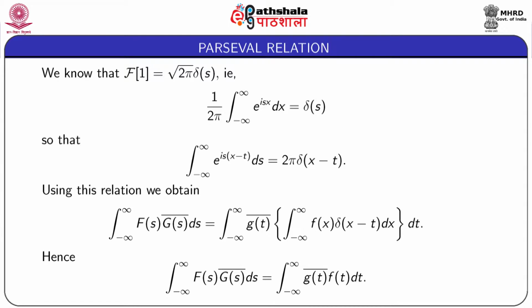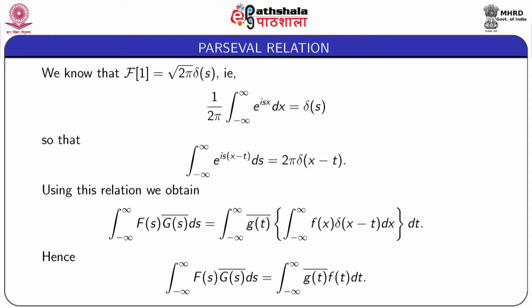So, instead of x, if we write x minus t, then we get integral minus infinity to plus infinity e to the power i s (x minus t) ds. This will give us 2 pi delta(x minus t).